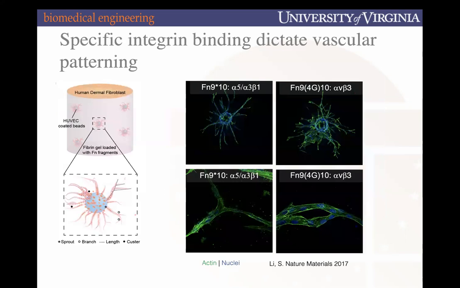What was done next was to look at whether we can pattern specific integrin binding motifs to regulate the integrity of the vasculature. They were able to show that if you play with different fibronectin peptides that bind to either beta-1 or another type of integrin, you can promote the outgrowth and branching of blood vessels and help them become stabilized.